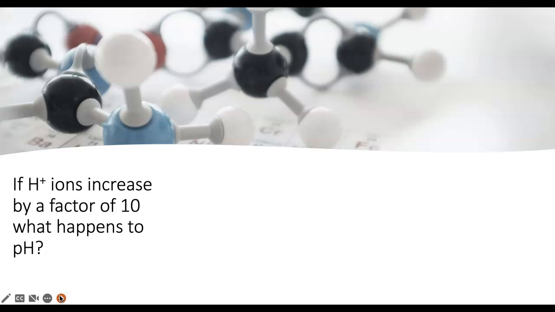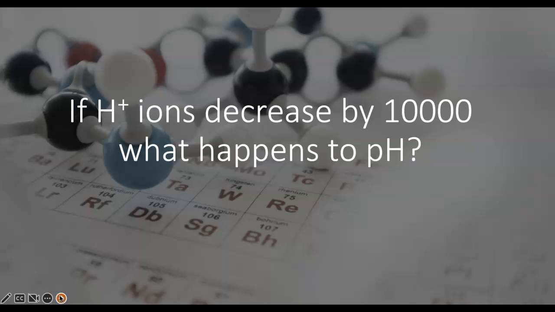Here's a quick question for you. Those hydrogen ions, if they were to increase by a factor of 10, what happens to our pH? Hopefully you're thinking pH is going to decrease by 1. The lower the pH, the more hydrogen ions, the more acidic. What happens if our hydrogen ions were to decrease by 10,000? What would happen to our pH? Hopefully you were thinking that our pH would increase by 4.